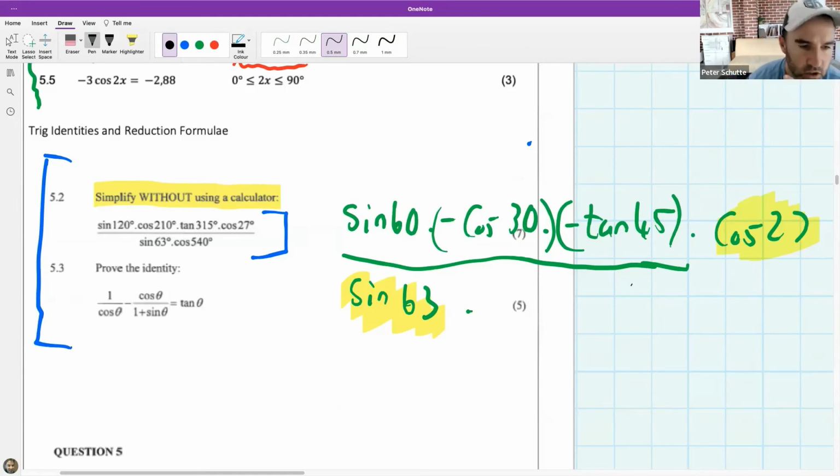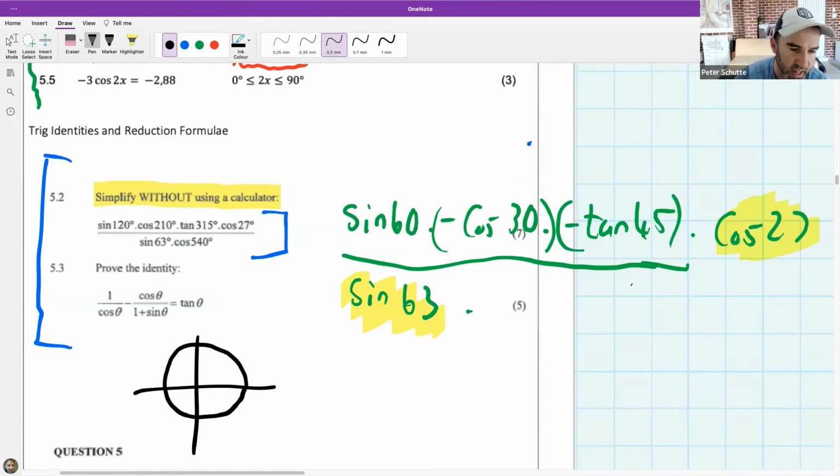Okay, so let's have a look at the cos of 540. It's just going all the way around to here, and then we get to here, and then we get to here. So really, basically, it's on the actual horizontal. And so this is a special type of trig ratio. Now, what I'm going to say to you is this.